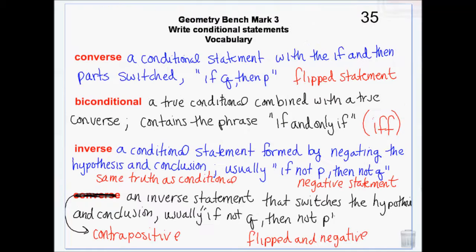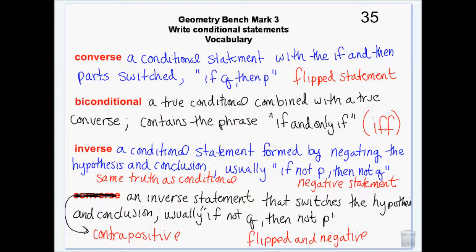Okay, the inverse stays in the same order as the conditional, but instead of if A then B or if P then Q, you negate it. So if not P then not Q. Like, if you don't clean your room, then you won't get allowance.